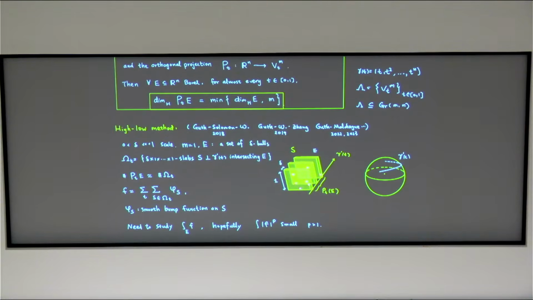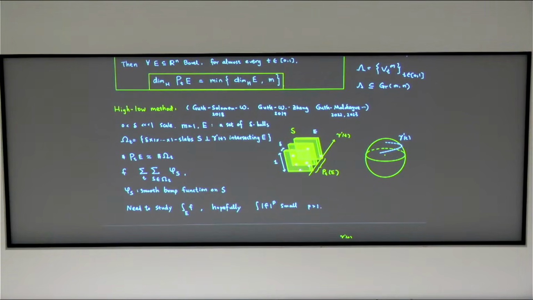We can define a function f to be a sum over, you could think of this as characteristic functions of those slabs. But in reality, because we want to use Fourier analysis, we use a smooth bump function on the slabs S, but the characteristic function is also a good model.